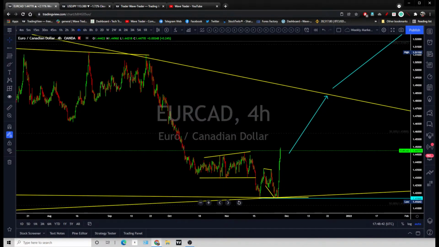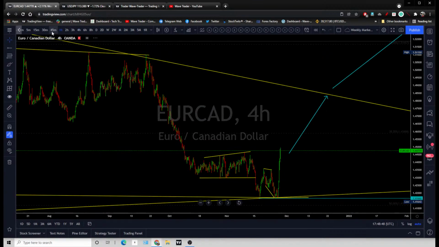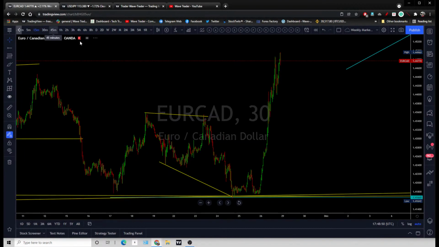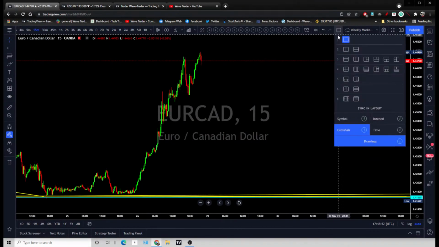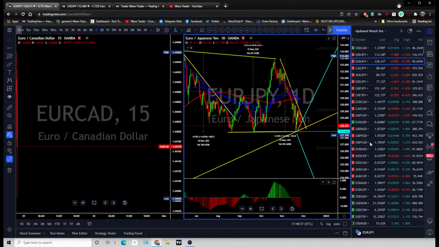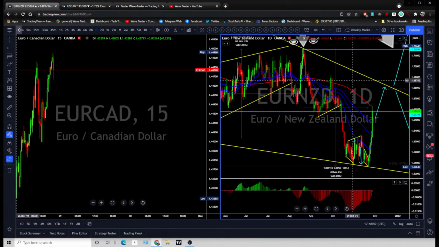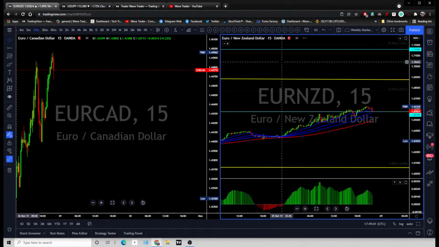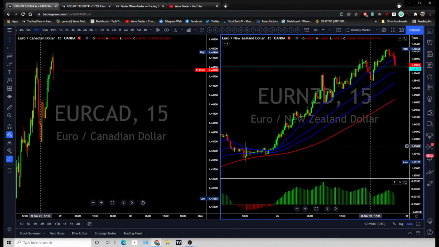The potential is still all the way back to that top. So any pullback, as shown on one lower time frame, just watch these. Or to make it easier for you, as an example, look at this chart. This strength is happening on the Euro New Zealand dollar.